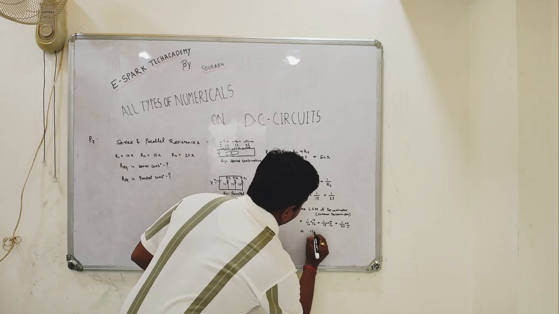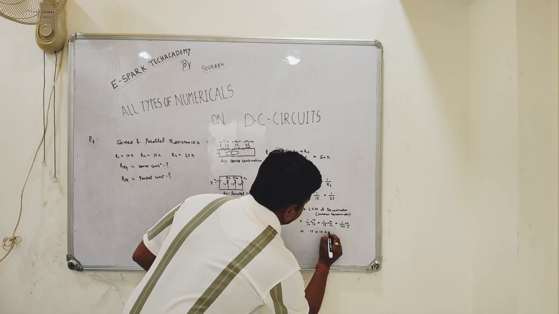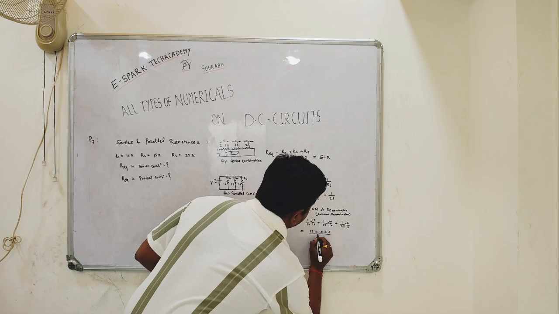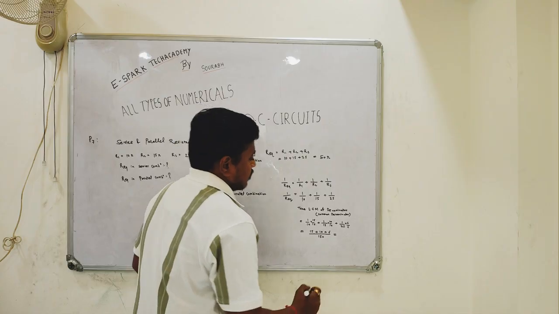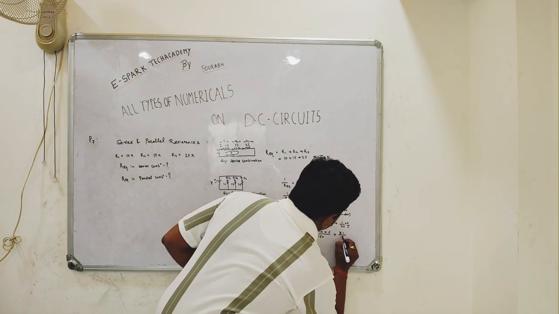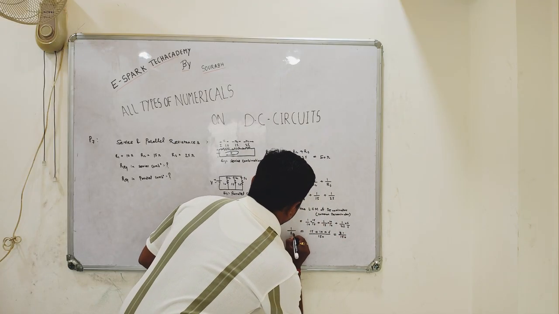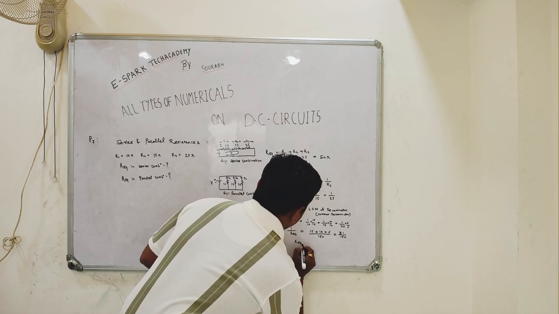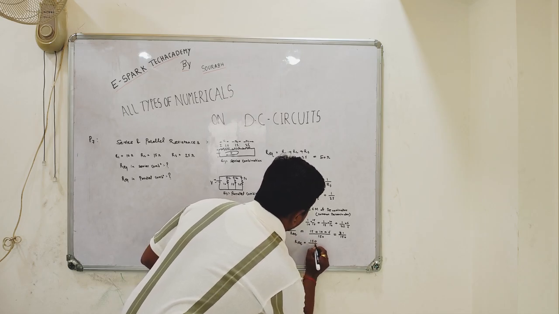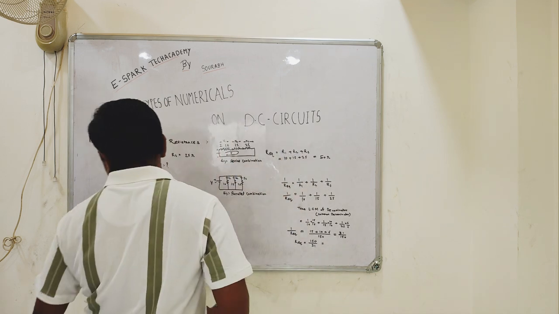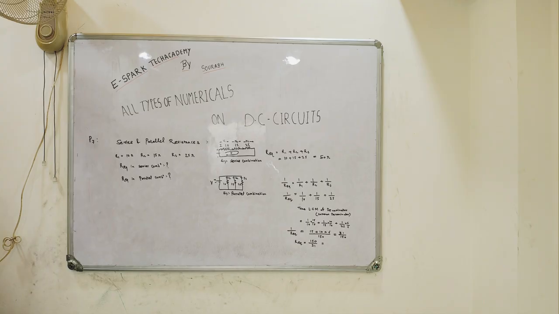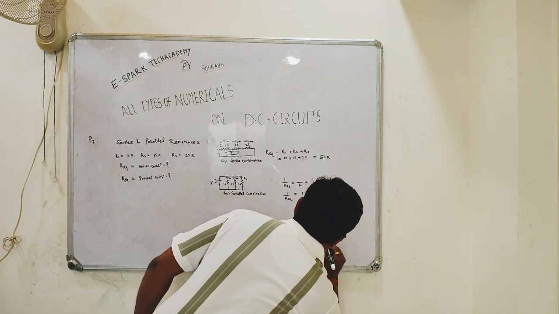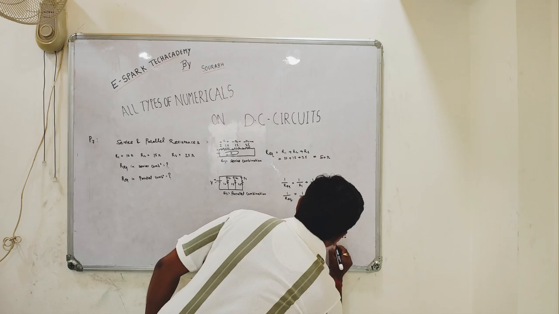Now you will get 15 plus 10 plus 6 divided by 150. 31 by 150, 1 upon R equivalent. The R equivalent will be nothing but 150 divided by 31. The answer will be 4.8387 ohms.